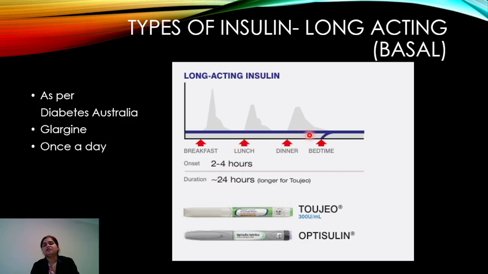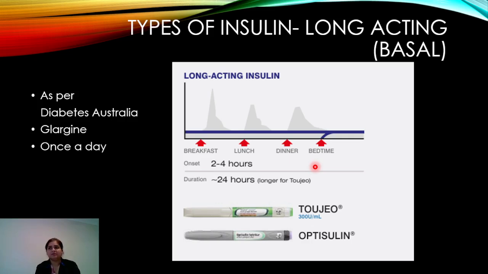So usually that's why they are not coinciding with the meal times, and they are given, like here, at bedtime. The main purpose is to keep the fasting blood glucose levels stable. This is the main function of longer acting insulins, but sometimes they can be administered at a different time of the day as well, given other factors.